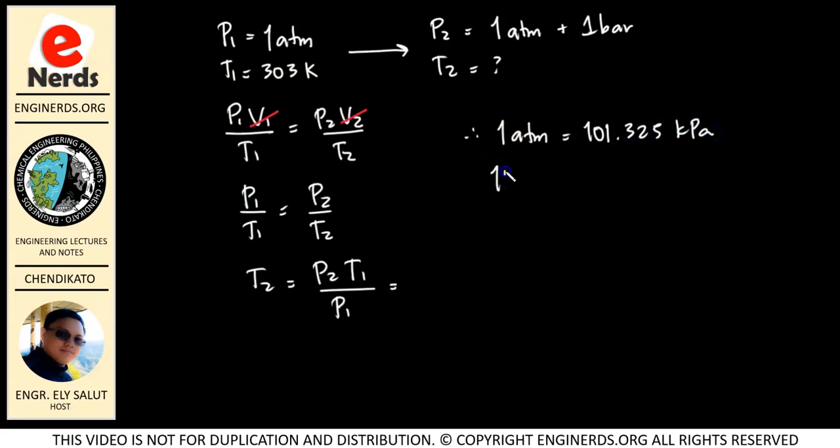Okay, then 1 bar is also equal to 100 kilopascal. Okay, so those are the conversions we will use in solving this problem.